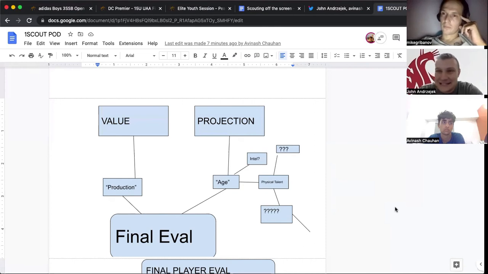If a guy is playing on the Nike circuit and averaging 20 points per game, but whatever intangible or physical data you have says that he can't be a good high major player, well, the hit rate on that 20 a game is really high, so I think you've got to be conscious of both.